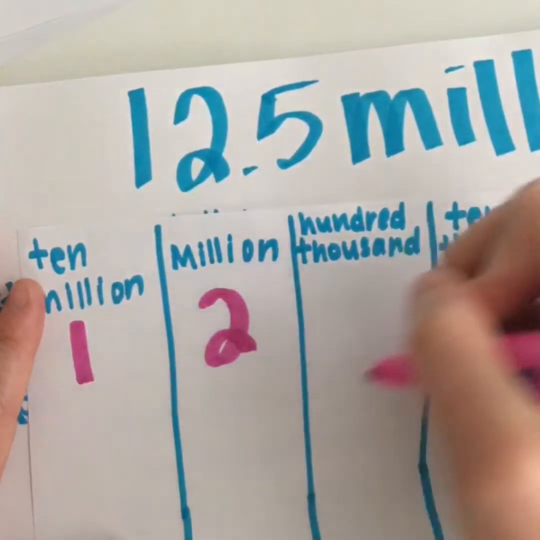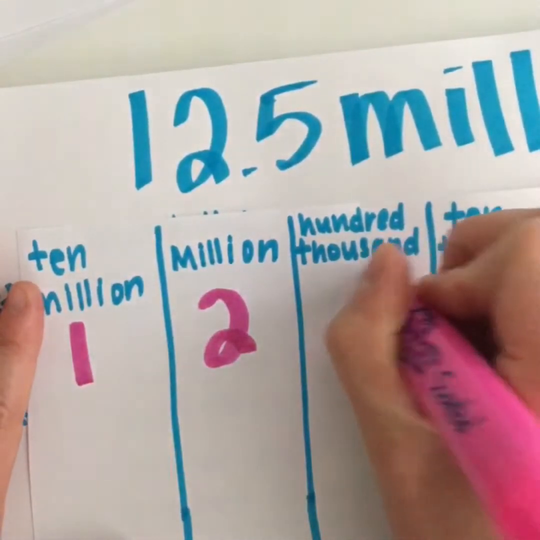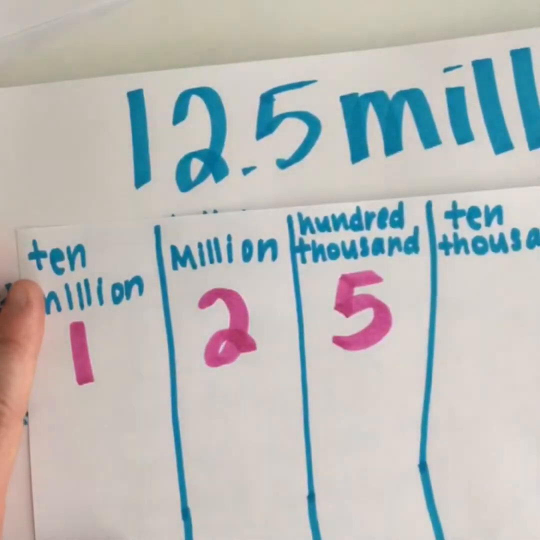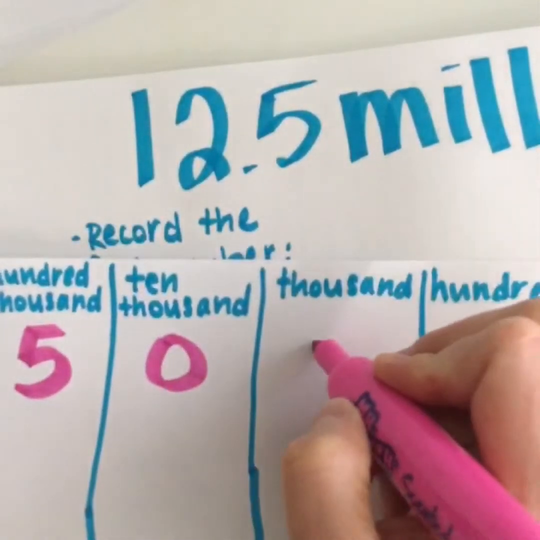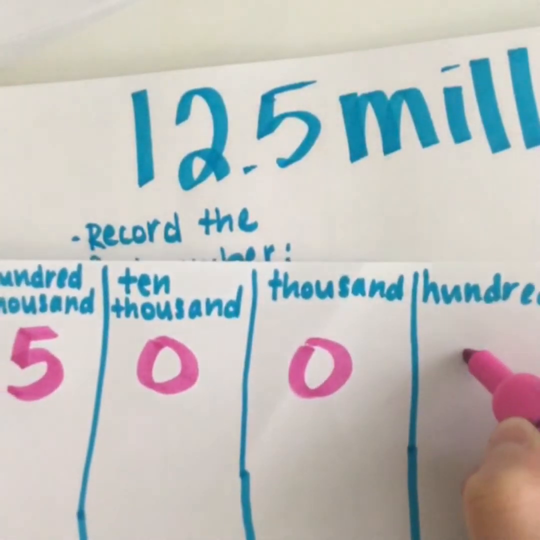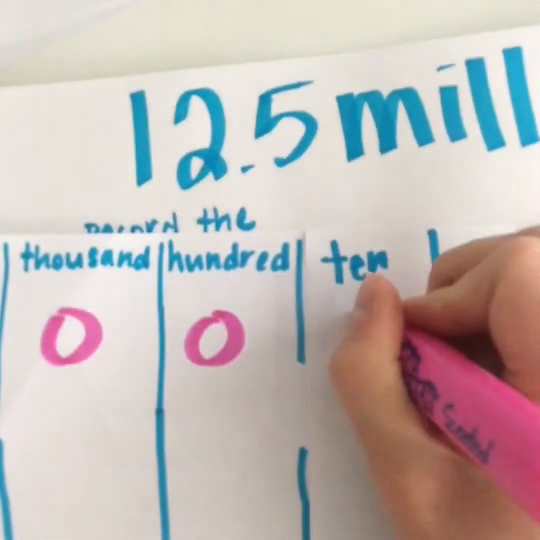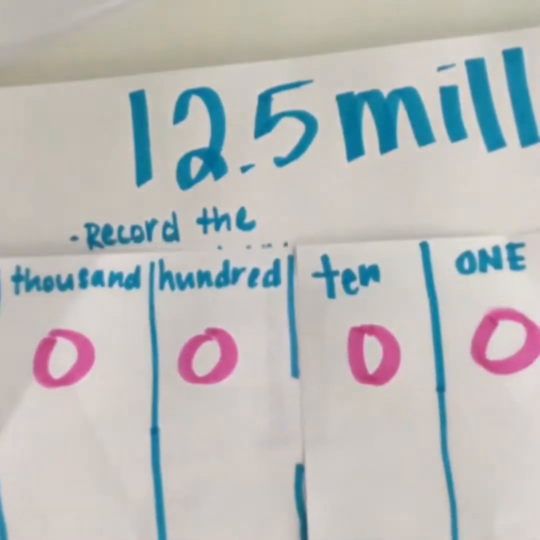And then my 5 is in the 100,000s place. Okay, I don't have anything in my 10,000, my 1,000 place, or the 1s.